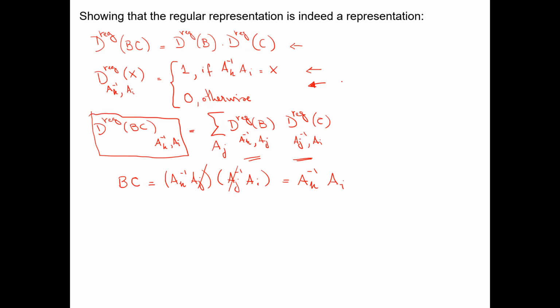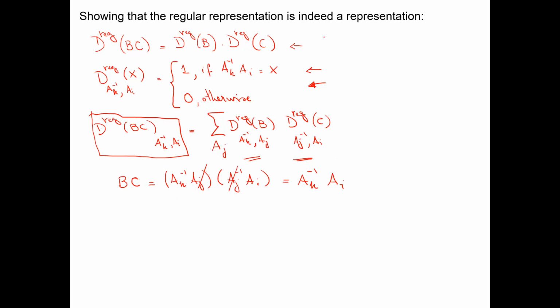Again, I apply the same definition here now to BC, and I get this result. So I have basically shown that if I use these definitions for the elements of this regular matrix, when I calculate this for BC, I arrive at a consistent definition for BC.